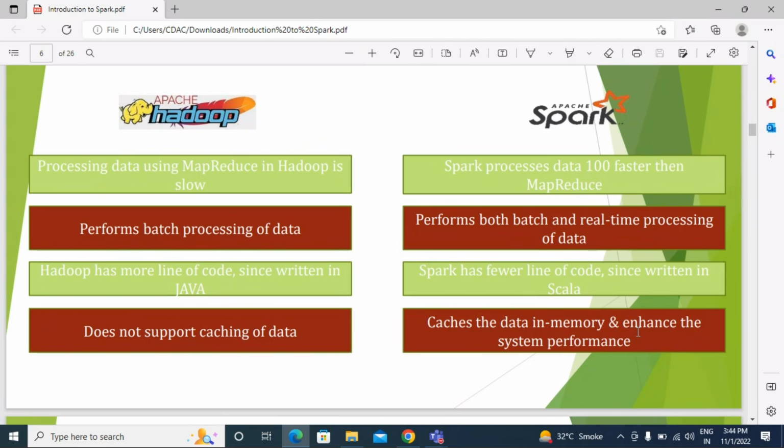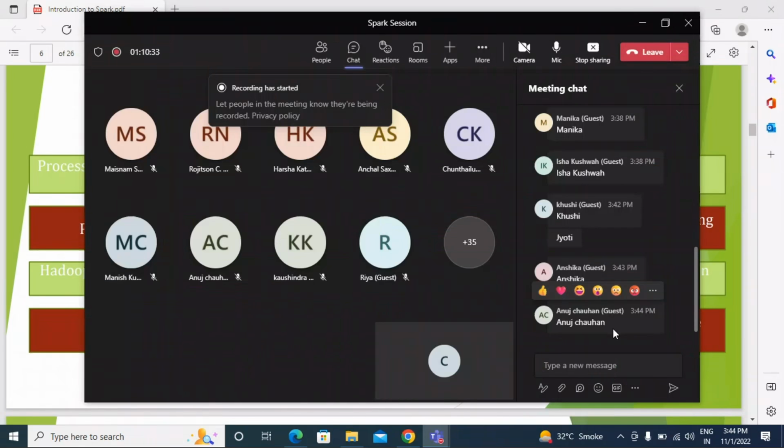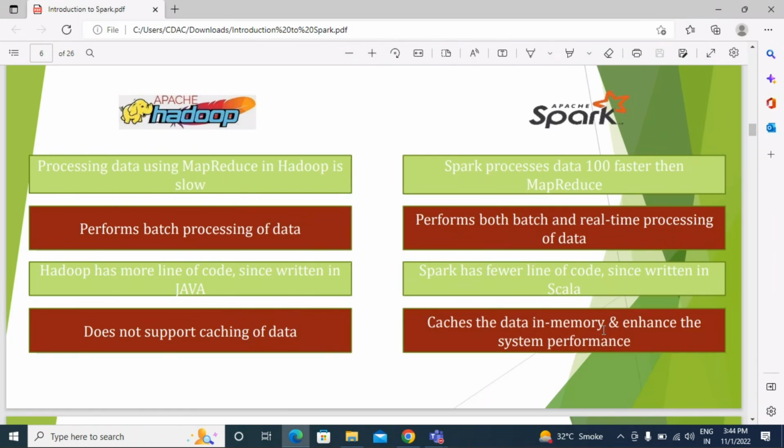Cache basically lets you store a particular stage of your processing, and that stage you can use for further uses, let's say for any other program or any other documentation, you can do that, right? So these are some basic differences.